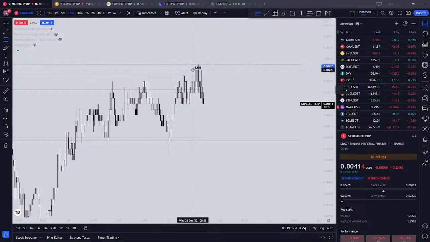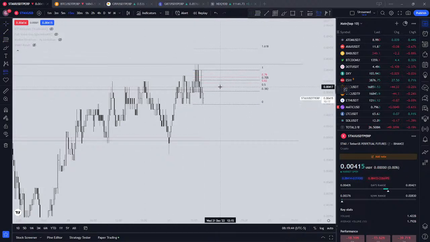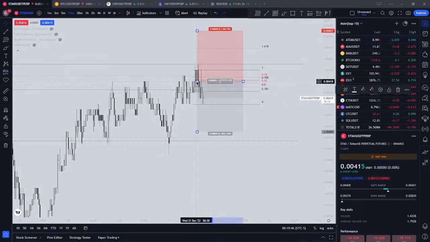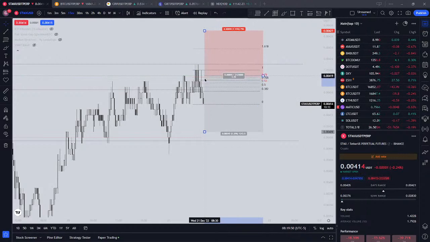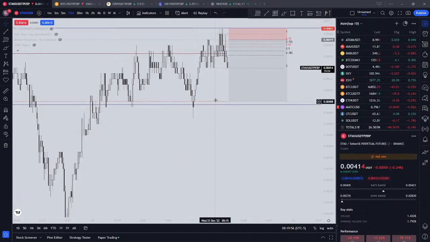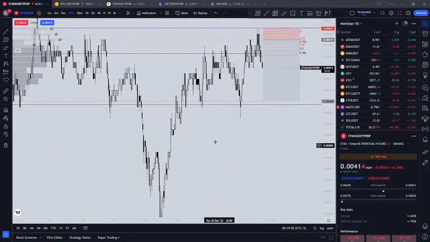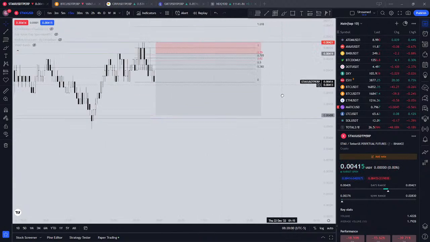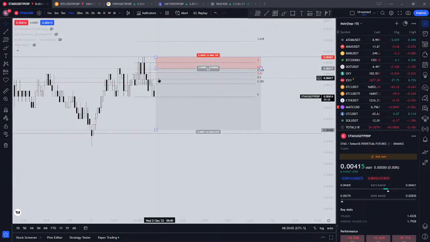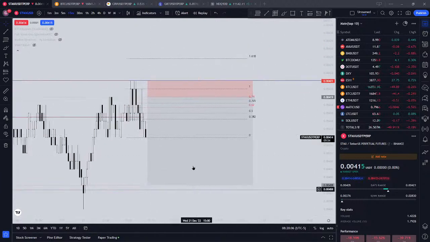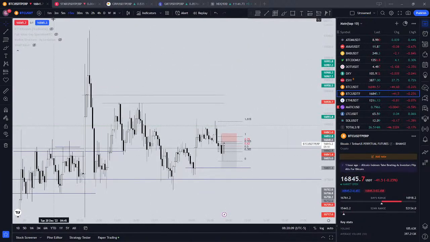Assuming the move ends here, I would short this here at my 0.62 entry, and then stop above this, with my profit target being this specific range's value area low. I doubt that it will go back to our entry right now, but just to test theory, let's observe this as well. Let's check what BTC is doing.